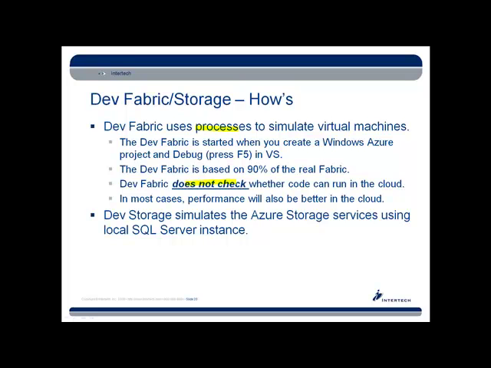Inside of your development environment, that's fine, and it will actually work, and you'll find no issue. But when you move to the cloud, obviously those pieces not being available are going to create issues. And unfortunately today the Dev Fabric doesn't check whether or not those processes or whatever it is that you might be using are actually available. So it's incumbent upon you to make sure that what you're building to actually does exist in the cloud. You'll also find the Dev Fabric is a bit slower than what you'll actually find in the cloud.